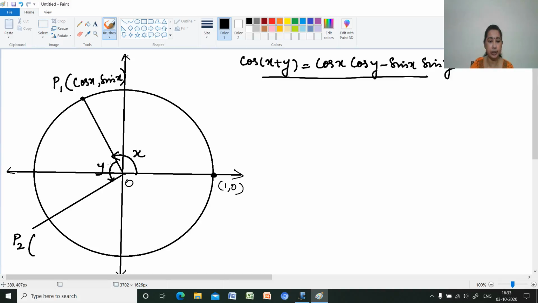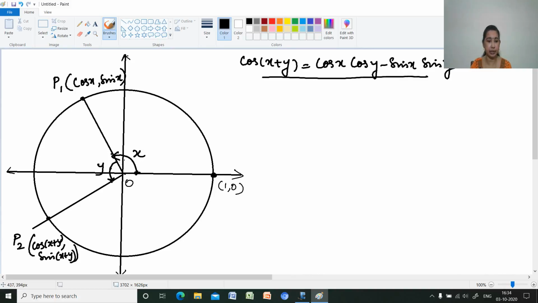So now the total angle, always we have to take the total angle from the initial side to this side, it is now x plus y. So the coordinate of P2 can be written as cos of x plus y comma sin of x plus y. Because the angle moved here, this much is x and this much is y. So that is why it is x plus y up to P2.